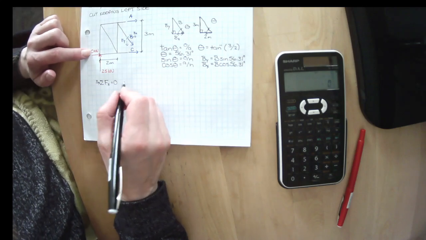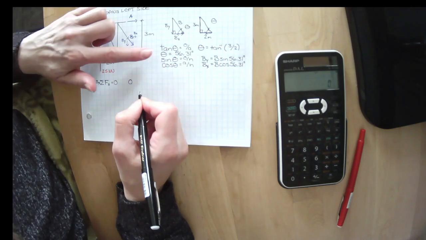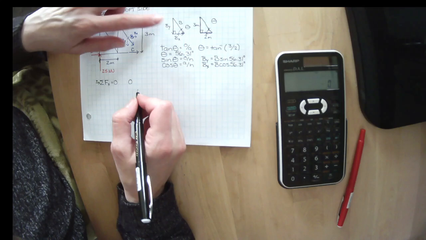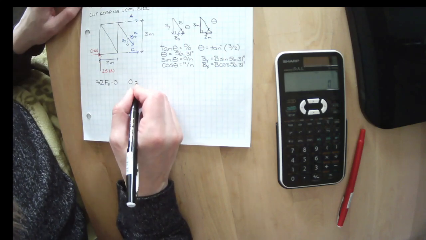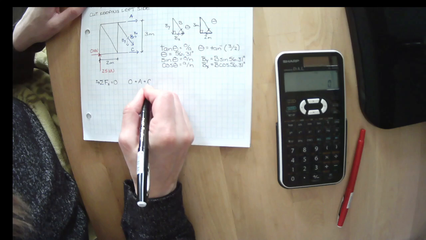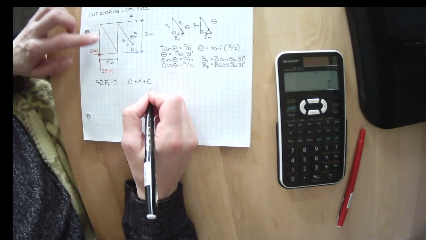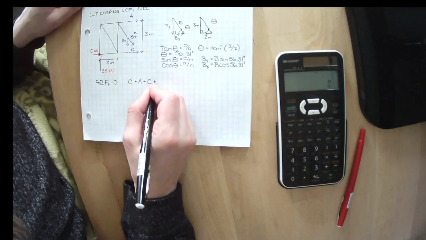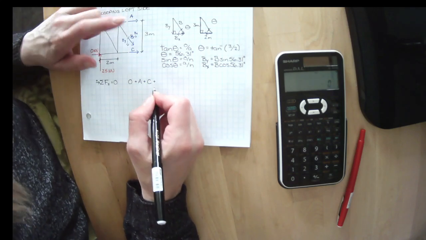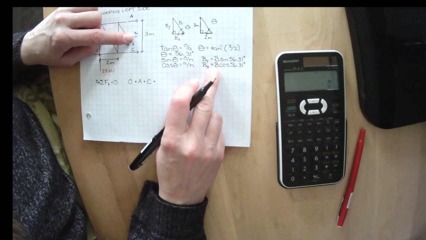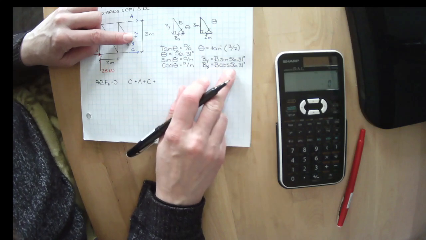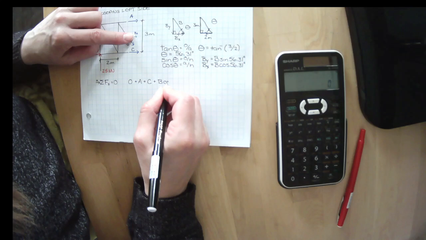Well, we've got our 0 kilonewtons going in that direction. We've got A going in that direction, which is positive. We've got C going in that direction, which is positive. And we've got BX going in that direction, which is positive. BX is B cosine 56.31.